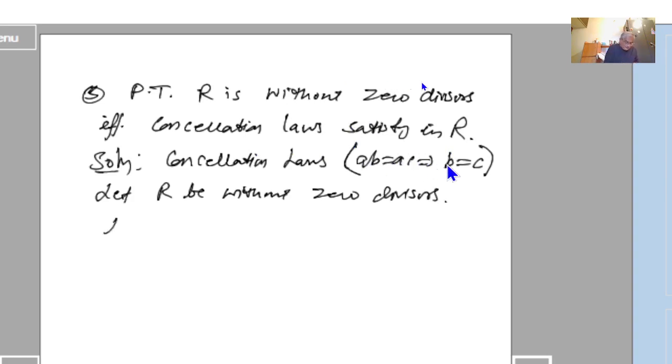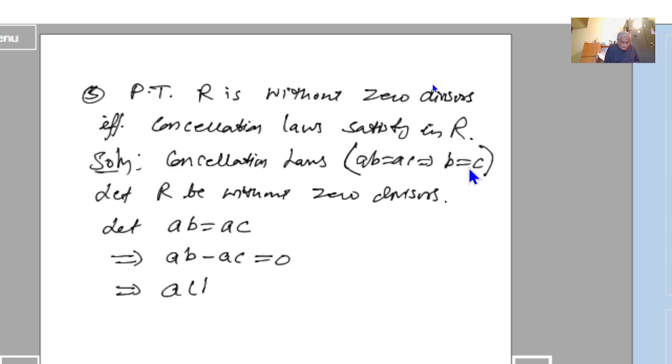So here, let me consider AB equal to AC. My aim is to show that B equal to C. For this, we write AB minus AC is equal to 0. By distributive laws, I will write this as A into (B minus C) is equal to 0. And this implies A equal to 0 or B minus C is equal to 0, with the condition A is not equal to 0.